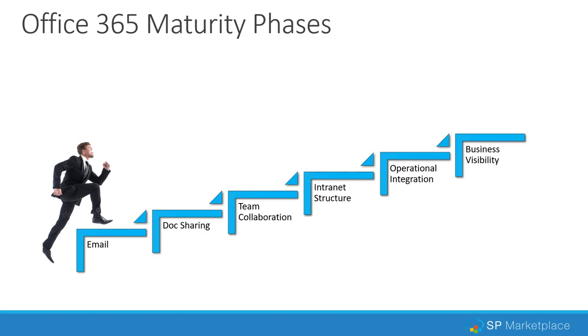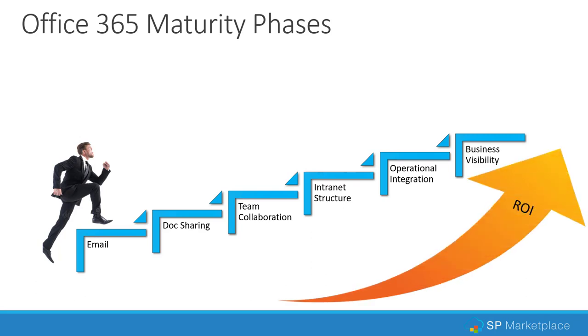They start to establish an intranet structure, start to put in operational integration with different systems in the back end, and then move towards business visibility because everything's now connected together. Now, the key thing here is where you're going to get your ROI out of Office 365 depends on how far along this maturity phase ladder you get.